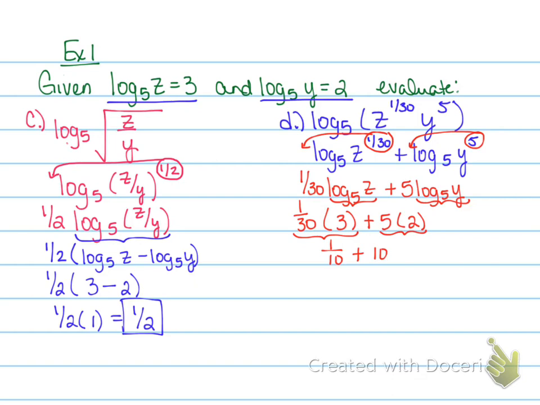And so when I add those together, I get 10 and 1/10, something like that. And so there is example 1. And now I'm going to go ahead and end video 1 here. And we'll work out some stuff in example 2 on the second video.